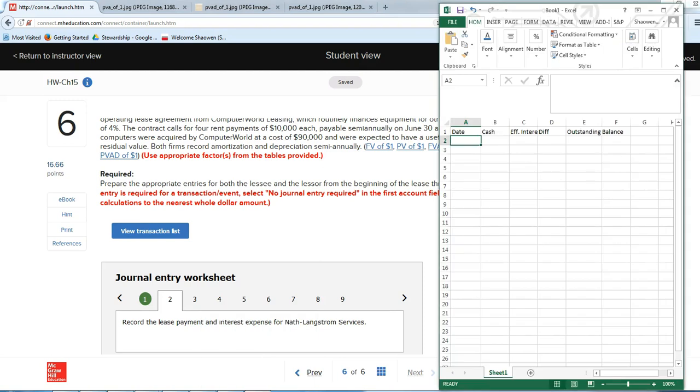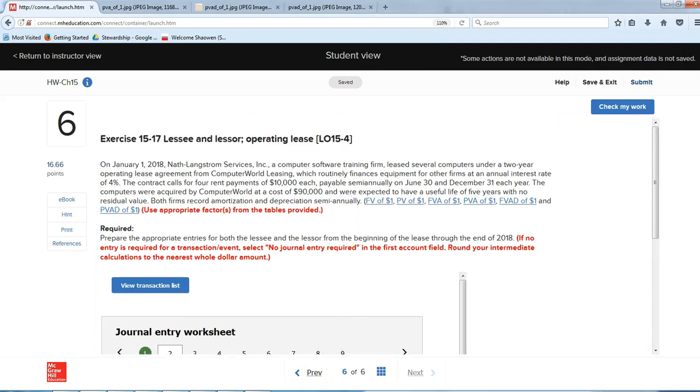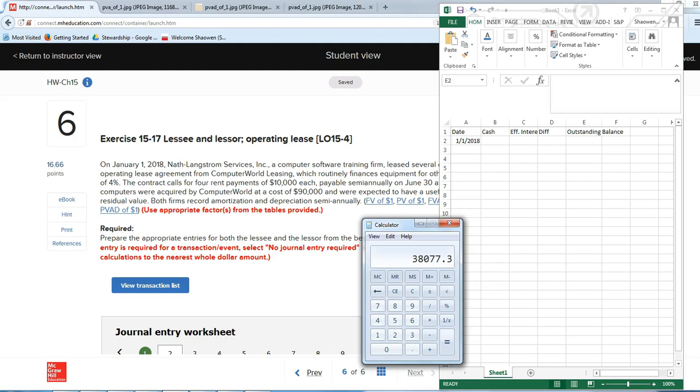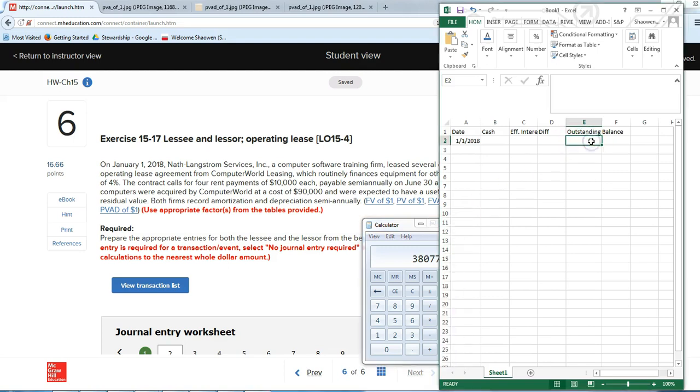Let's do an amortization table. So January 1st, 2018 is the start of the lease. No cash is involved. Outstanding balance starts from $38,077.